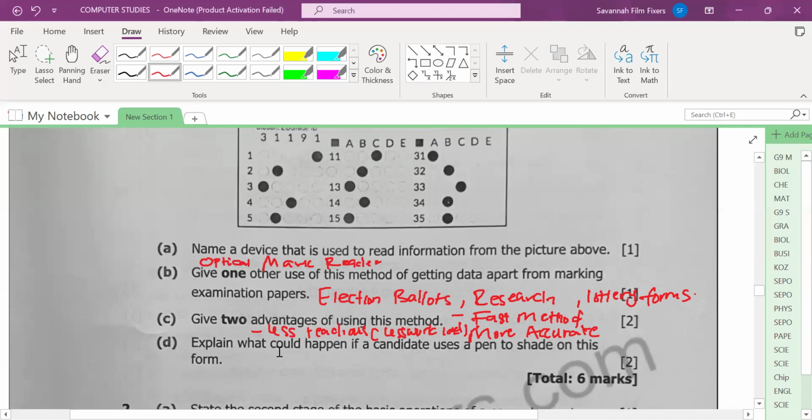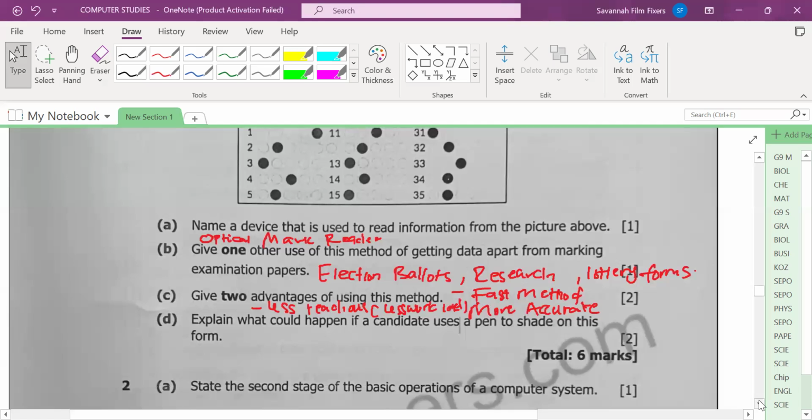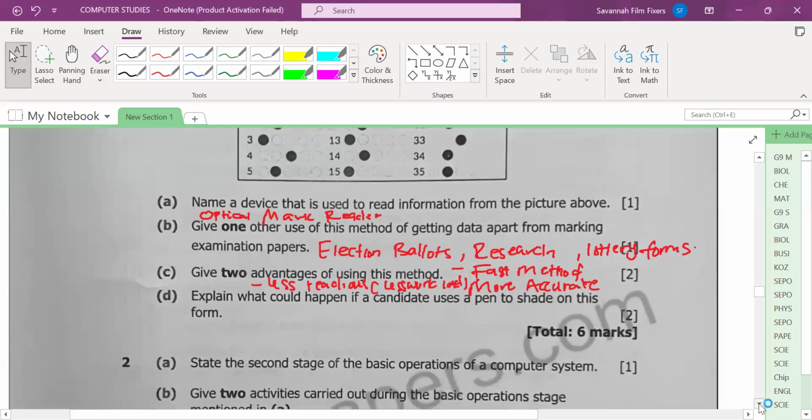So explain what could happen if a candidate uses a pen to shade on this form. So the candidate uses a pen instead of a pencil. A pen is going to have a darker shade. So the machine can actually reject the form or misread the form.